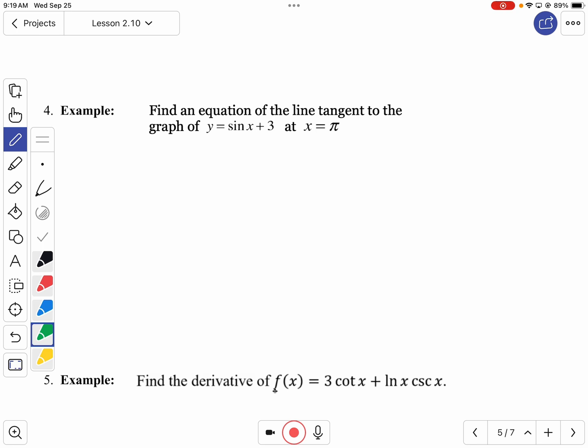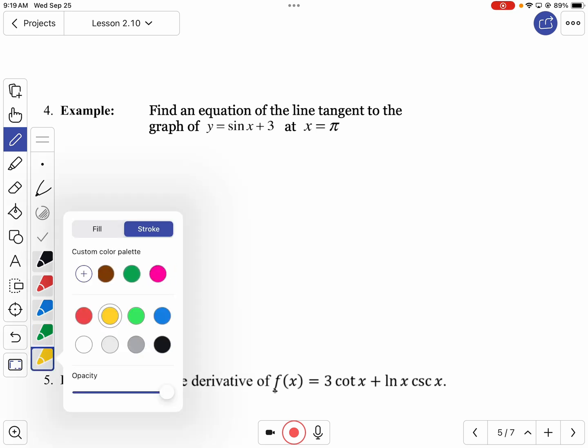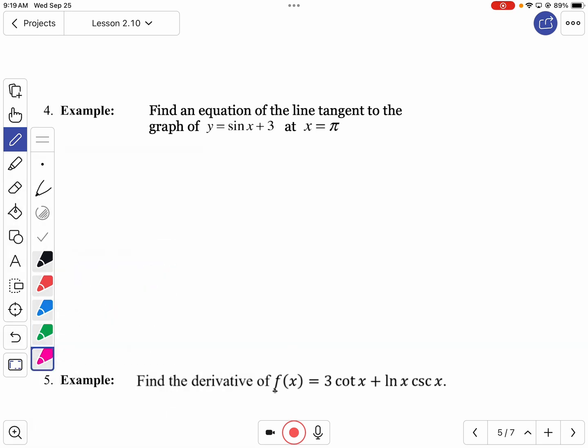All right, when we write a tangent line, what do we need? Slope and a point, okay? How do we get the slope? It's the derivative. The slope of the tangent is the derivative. So the derivative of sine would be cosine. The derivative of 3 would be 0. And then we're going to evaluate that at pi. So the cosine at pi is -1, okay? We also need a y value.